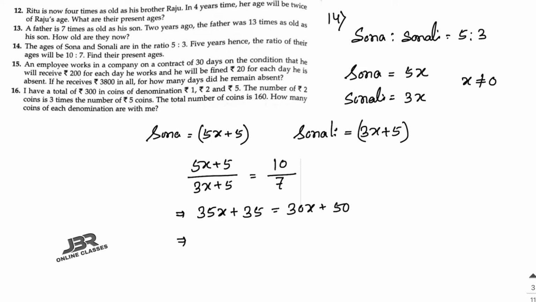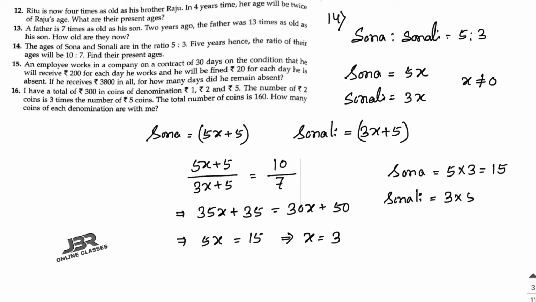So 35x minus 30x, here 5x, and 50 minus 35, that one equal to 15. So here x equal to 3. So as x equal to 3, the present age of Sona is 5 into 3, 15 years, and present age of Sonali, that one equal to 3 into 3, because x is 3, that one equal to 9 years as your final answer.